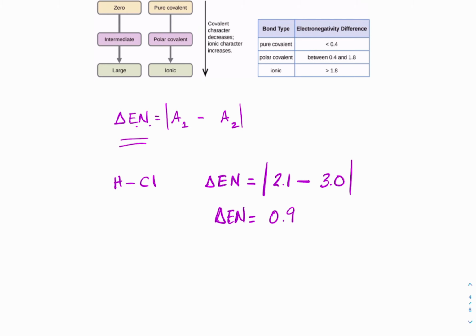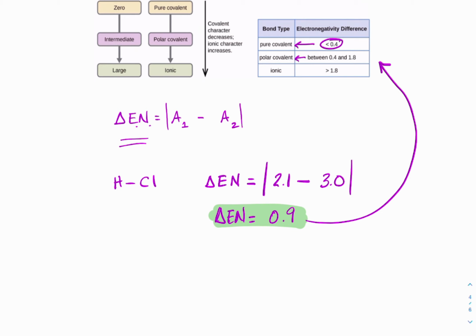And so we take this value that we have now calculated and we look at where it falls in this chart. If the value is less than 0.4, you're considered pure covalent. If it is between 0.4 and 1.8, which means it can be equal to 0.4 all the way through equal to 1.8, you're considered polar covalent.